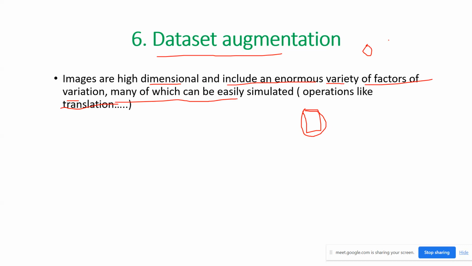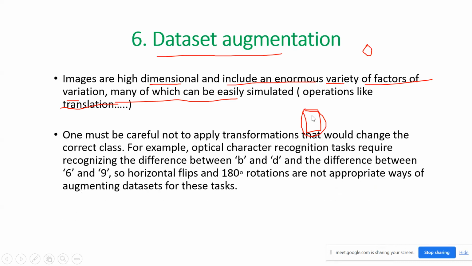Say for example, when we consider any image, I will show you one image at the end. Every image has different features like image dimensions, height, width, color, and pixels.